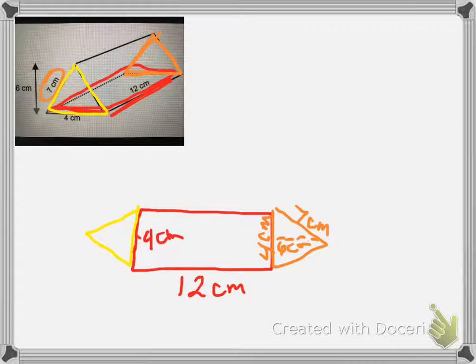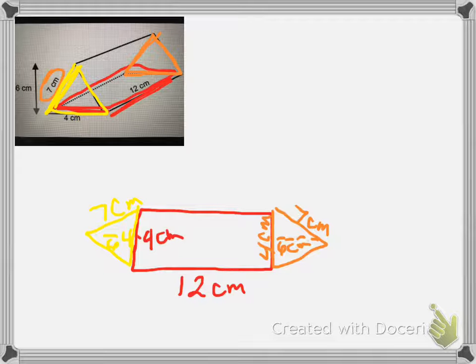There we go. And let's label this. We already know that this is 4, and similarly this tells us that this is 7 centimeters. And this height, just like on the other one, is 6. Kind of hard to see in that yellow, but you get the idea.